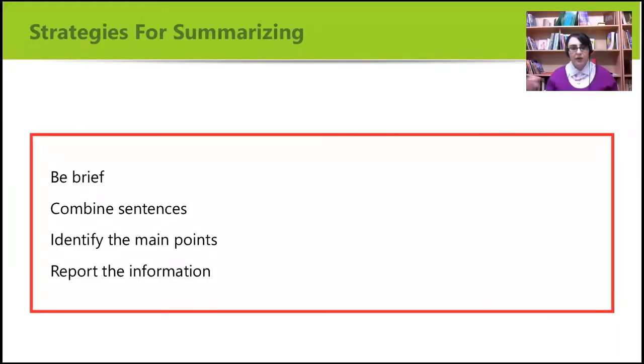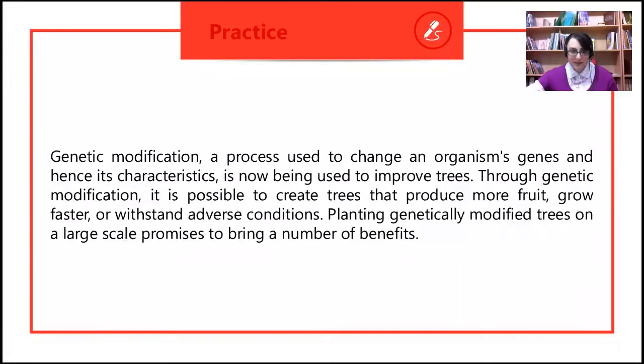Don't tell too long sentences, but neither can you tell short sentences. Try to be precise but combine sentences. Identify the main points and report the information. Now let's put it into practice and see whether you can manage it or not.